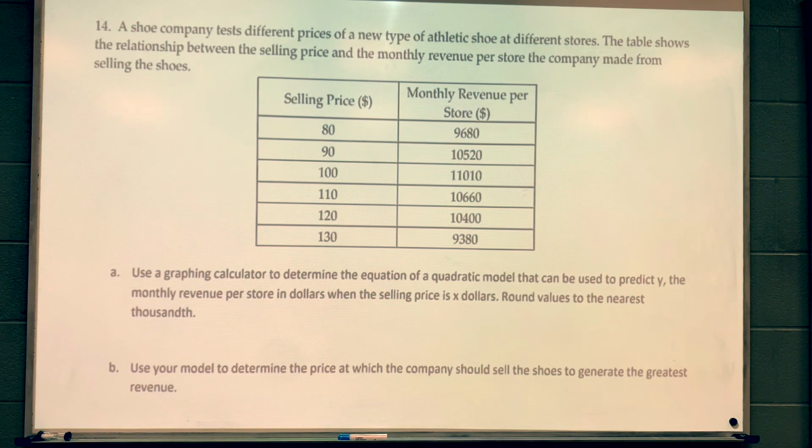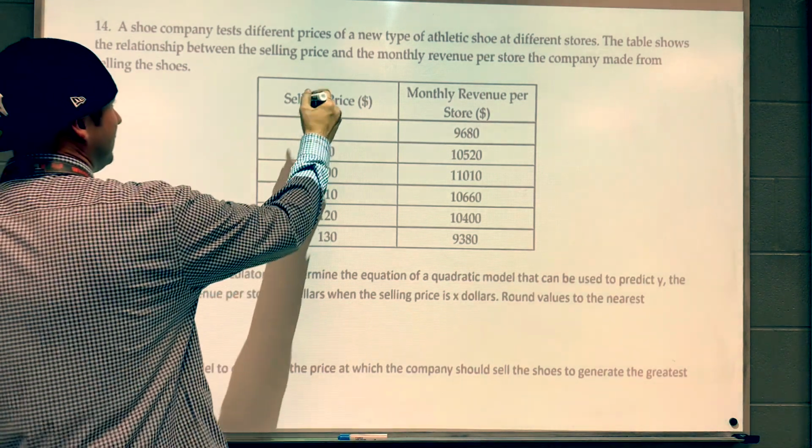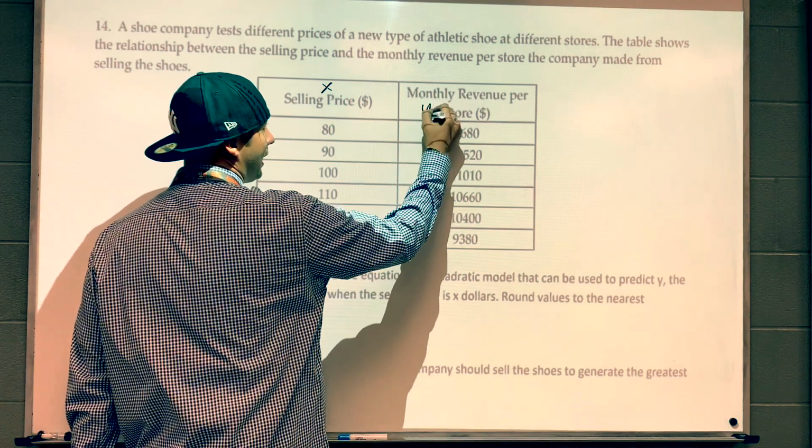Using a graphing calculator, determine the equation of a quadratic model that can be used to predict y, the monthly revenue per store in dollars, when the selling price is x dollars. Round the values to the nearest thousandth. So it would be tenths, hundredths, thousandths, so 3 decimal places. Then use your model to determine the price at which the company should sell the shoes to generate the greatest revenue. Okay, so first off, this is my x and this is my y.